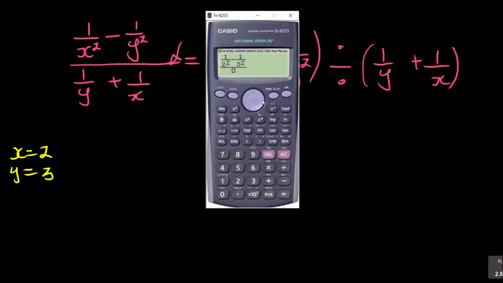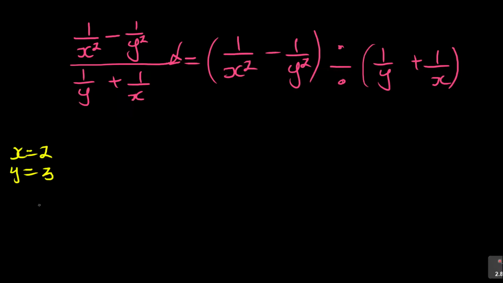You choose any number. And then all over, again, fraction, 1 over y is 3, plus 1 over x is 1 over 2. Just see what it simplifies to. It gives me 1 over 6. You can choose any number. It gives me 1 over 6. So let's try to simplify and see if also we will get 1 over 6. You will see what I mean when I'm working on this.